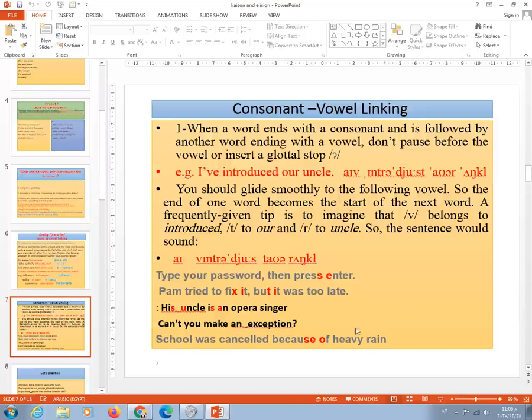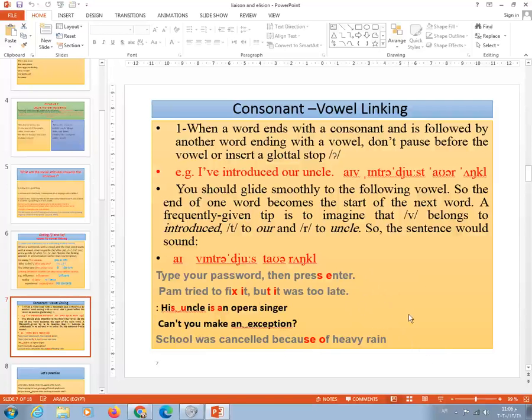School was cancelled because of heavy rain. Because of heavy rain. Okay, let's read again. Could you repeat after me? I've introduced my uncle. Type your password, then press enter. Pam tried to fix it, but it was too late.